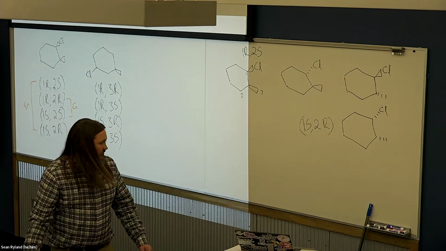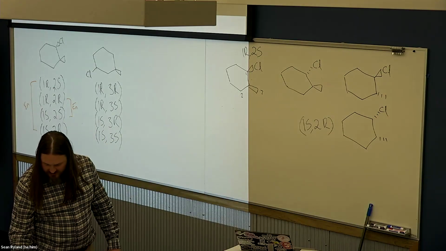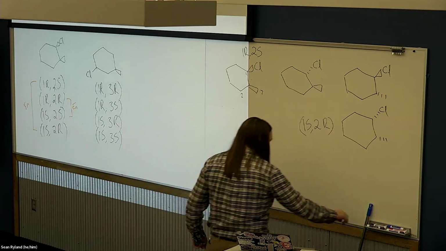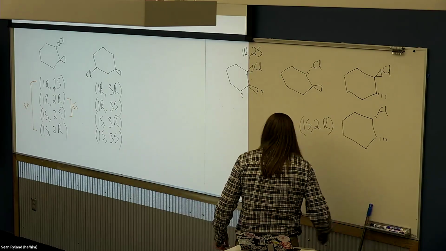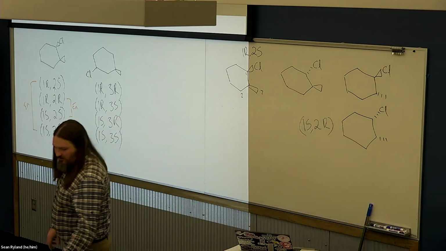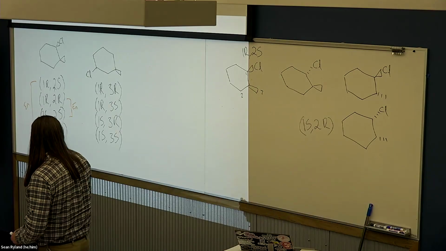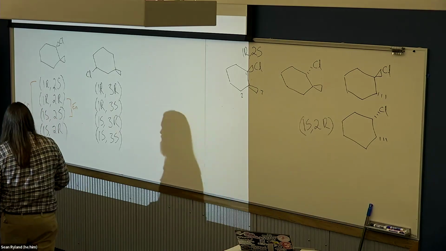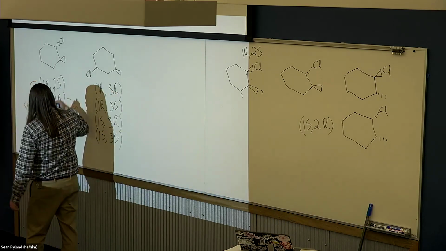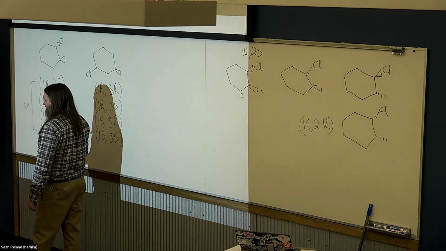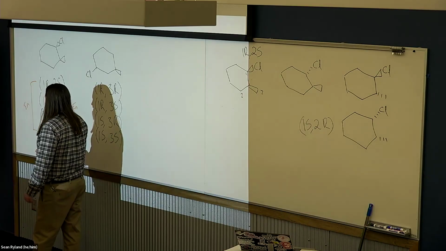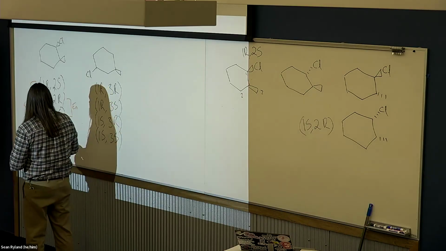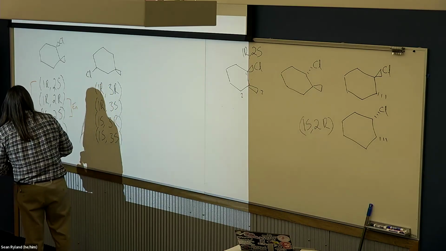So quick review. What's the term for stereoisomers that are not enantiomers to each other? So we flip one of the stereocenters but not the other. And let's make it the cis group.